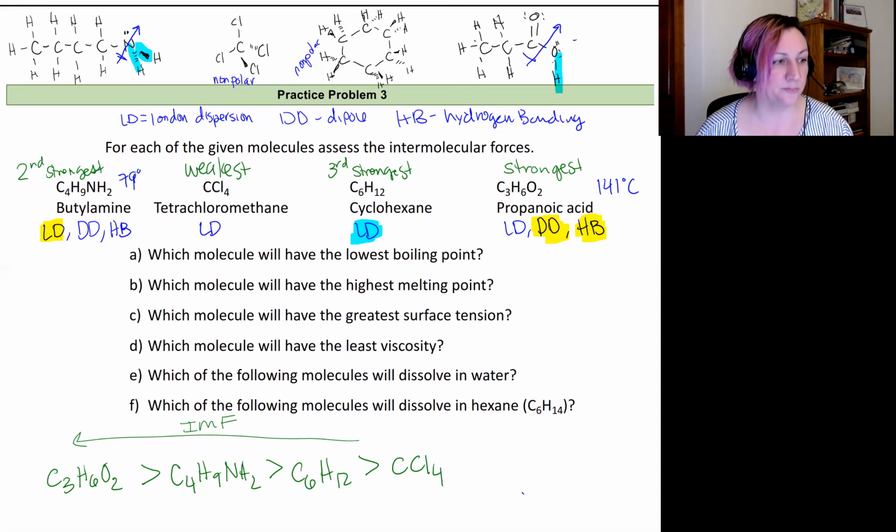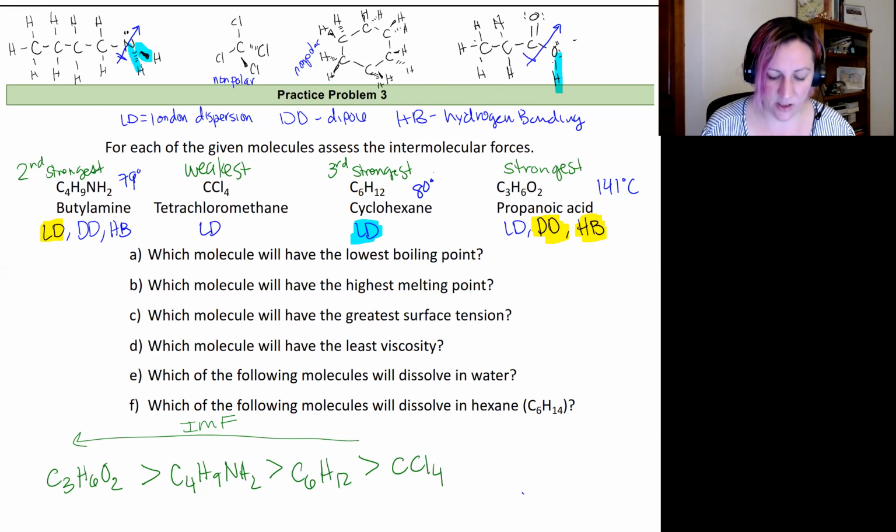If I continue down this path, I actually find that the butylamine, tetrachloromethane, and the cyclohexane all have really similar boiling points. And so that might be a little bit harder to tease apart which one is stronger. But they're all between about 76 and 80 degrees Celsius.